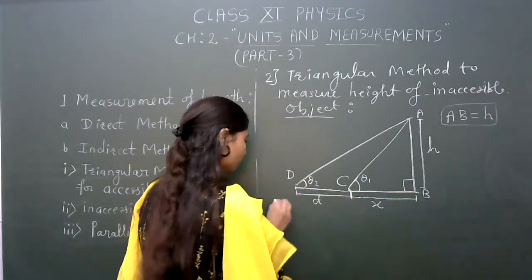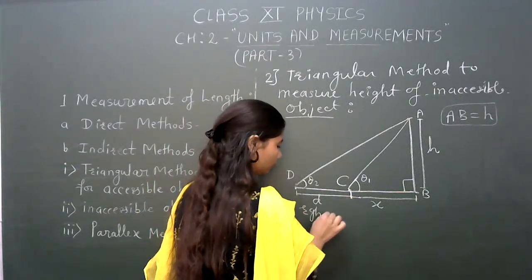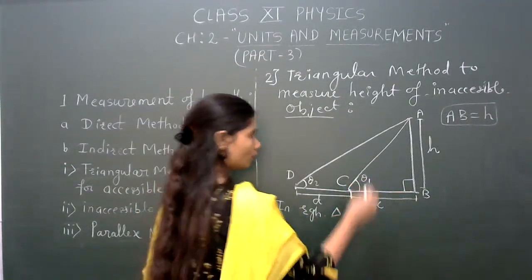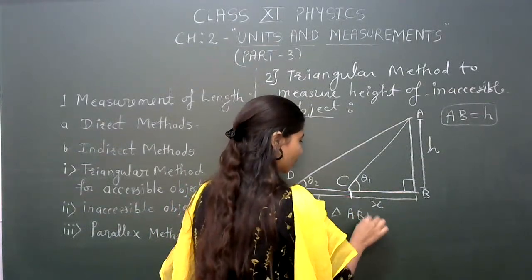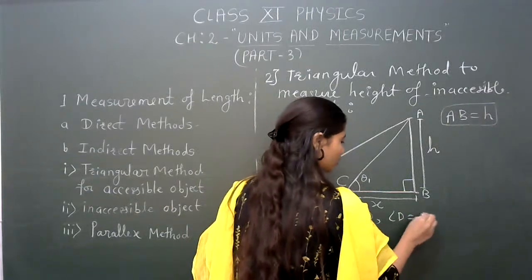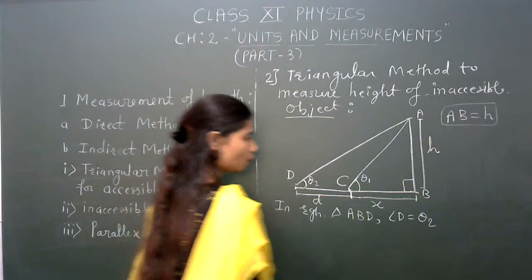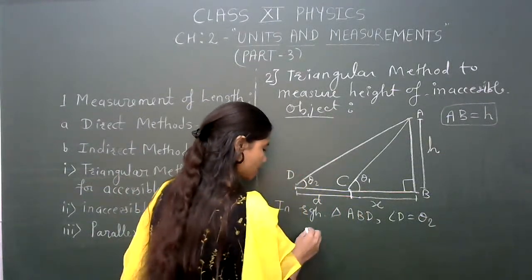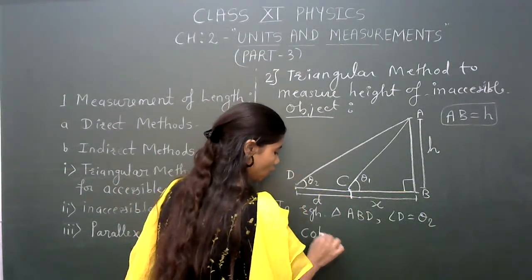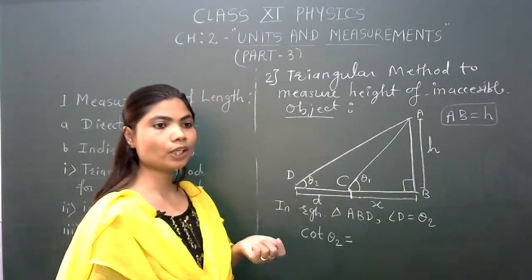So in the first right angle triangle, which is ABD, the angle of elevation is at D, which is equivalent to theta 2. So can you find the first trigonometric term as cot of theta 2?